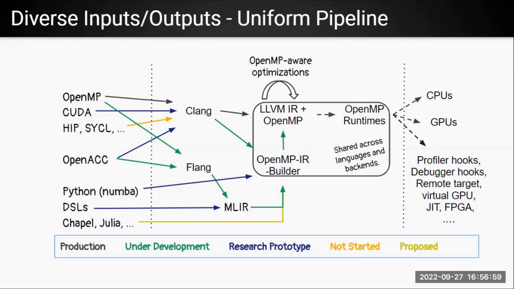CUDA, as discussed, was shown to be usable to target OpenMP runtimes. HIP and SYCL are the same thing, in blue. If you have DSLs, you can also go to parallel MLIR, and then use the OpenMP builder to lower this generic parallelism to OpenMP parallel. Why would you do all of this?